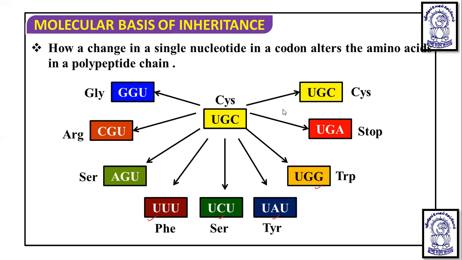You know that cysteine, when converted into a different amino acid, is going to code for a different amino acid. So a change occurs in a single nucleotide, and due to this the codon gets changed, and when the codon gets changed, the amino acid it is coding also gets changed.